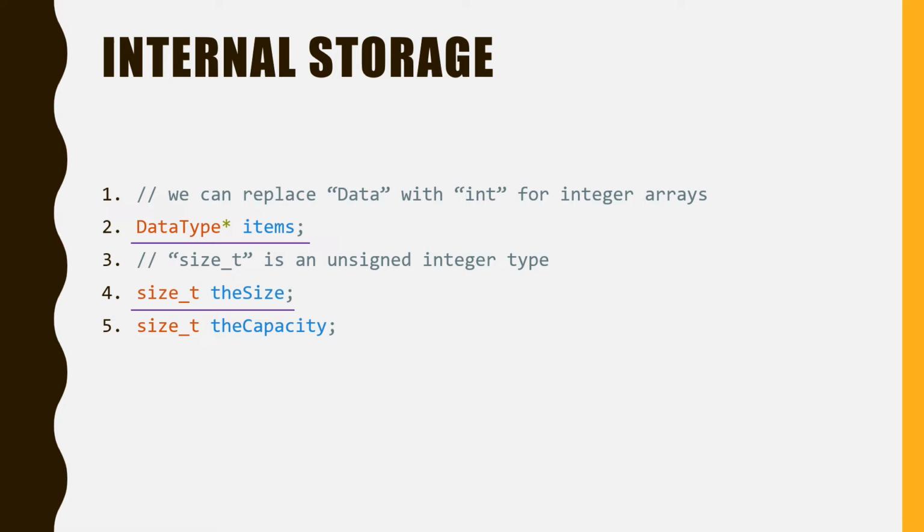The remaining 2 variables, the size and the capacity, are simply used for recording the corresponding values. Their data type is size t, which is similar to the unsigned integer type in C++. It means that these variables cannot be negative.